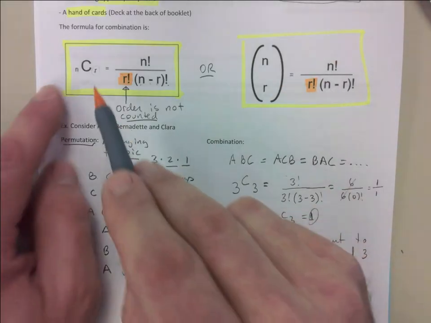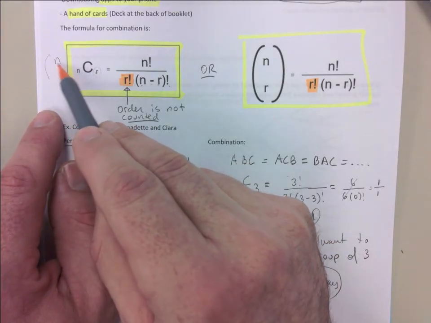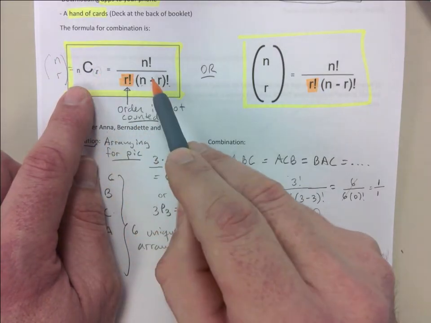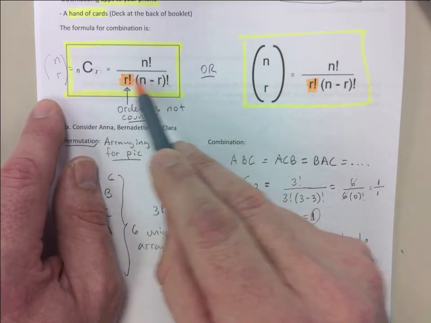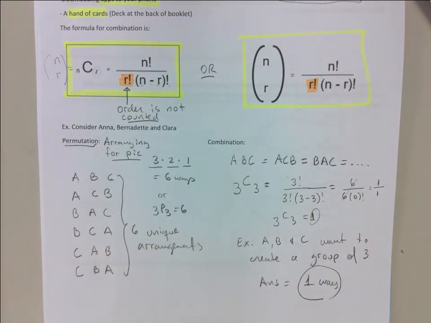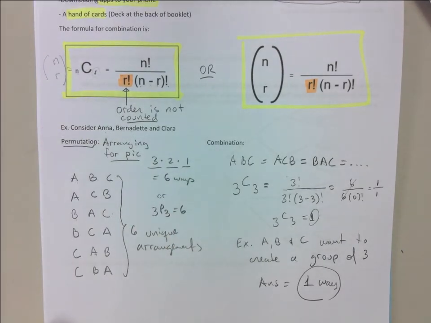You can have the formula with the bracket in front, nCr, which is equal to this, which is equal to that. You can have them all like this if you want. Don't worry about it too much, you'll get the hang of it. I use nCr mostly, so let's give this a try.